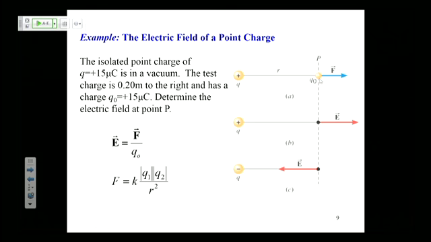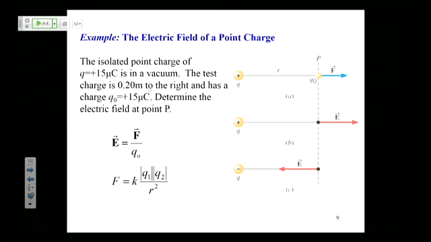We need to determine the electric field. To do that, we bring a small charge, we call it test charge. We use a test charge in order to measure the field. So Q naught is a test charge. The distance between point P and the source of the field, the original charge here, is distance R. It is 0.2 meters.